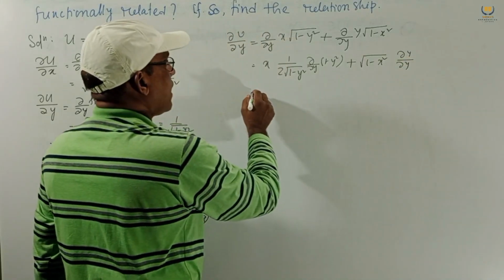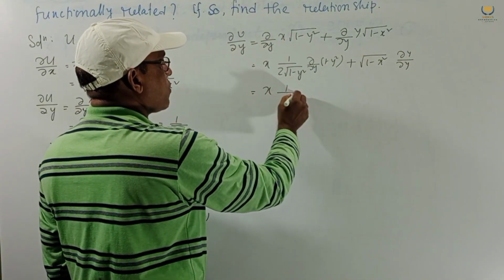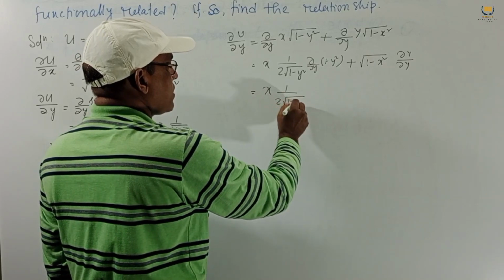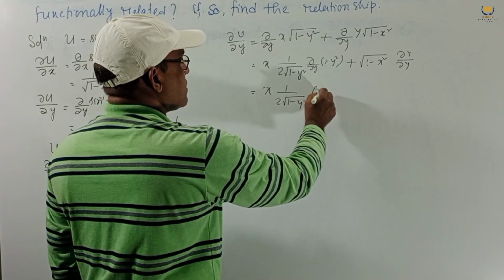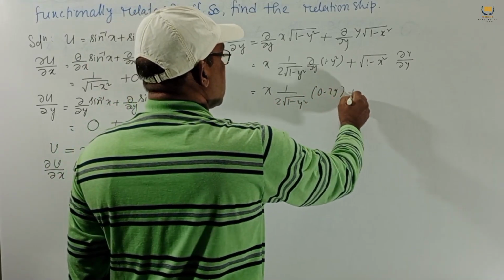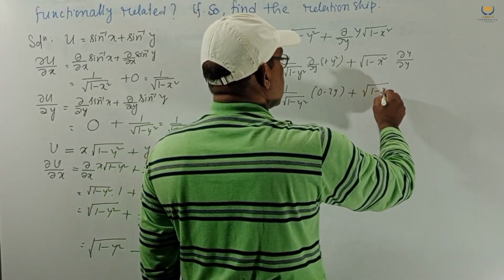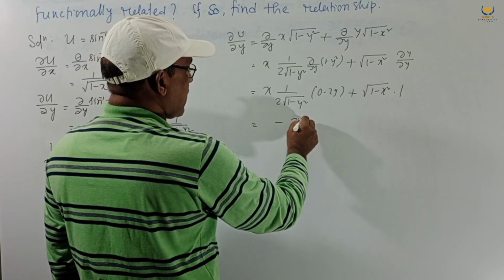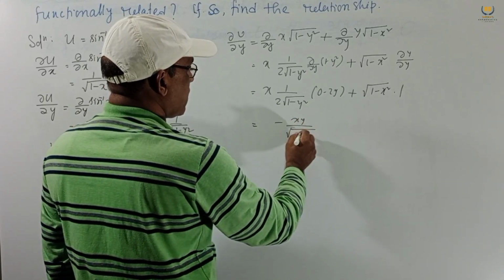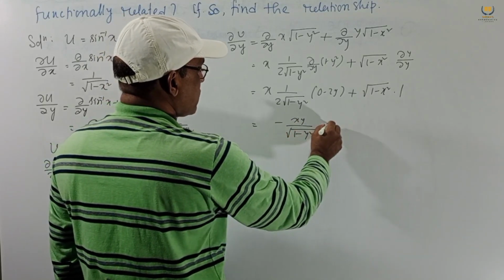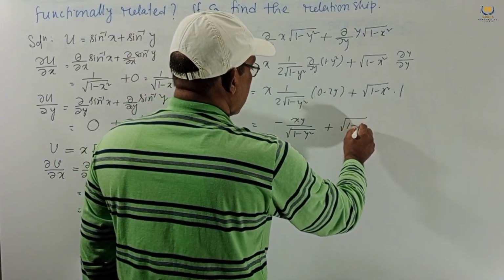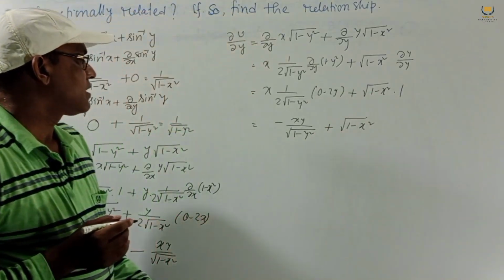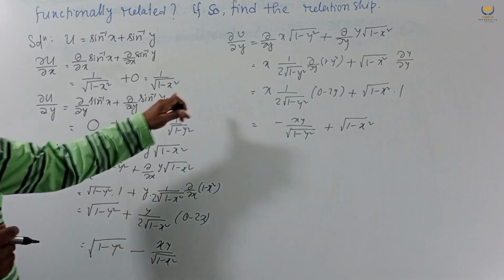We get x root over 1 minus y square, this is 0, minus 2y, and root over 1 minus x square into 1. So the 2 cancel: minus xy by root over 1 minus y square plus root over 1 minus x square. These are the values of ∂v/∂x and ∂v/∂y.